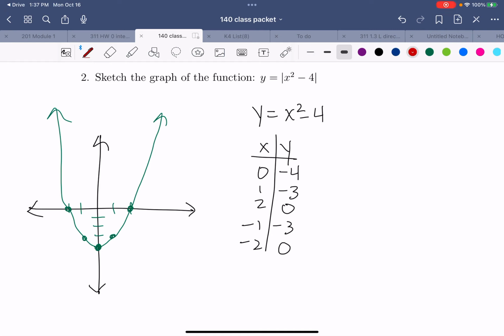Now, to get the absolute value, we're going to take the points where it crosses and take everything above. And then the part that's below, we're going to flip up. So that point at -4 is going to become this point at +4. And we're going to go up and back down, right? Reflecting it across the axis. So the part that's red is my y equals x squared minus 4 with the absolute value.